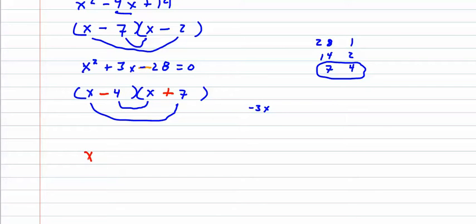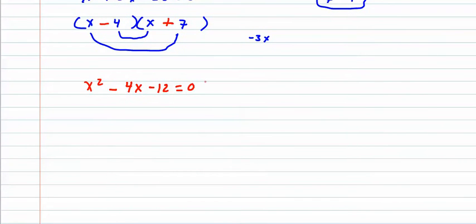Last one, x squared minus 4x minus 12. And again, we could have equals 0. I don't care. Later on, it'll be important. We factor, put our parentheses, x and x, and what gives us negative 12?